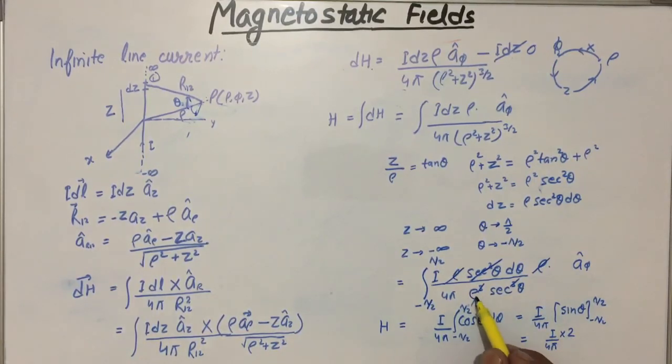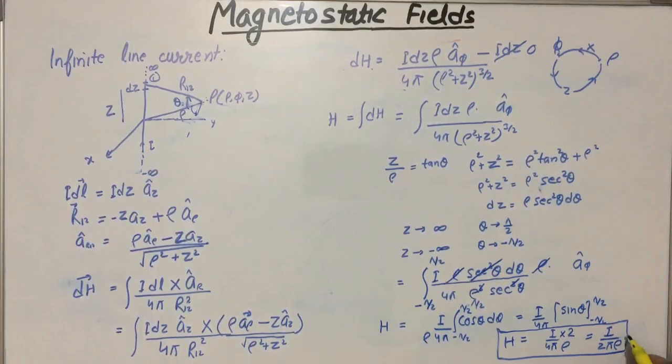I think something we are missing, that is rho. So rho will be here, rho will be here. So the final value will be I by 2 pi rho. This is the final H in the case of infinite length of line conductor. It will be in the direction of a phi.